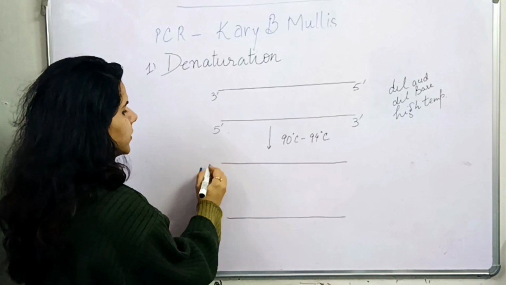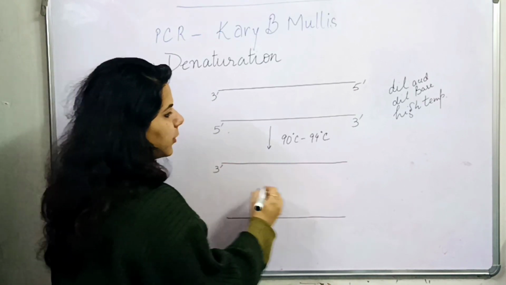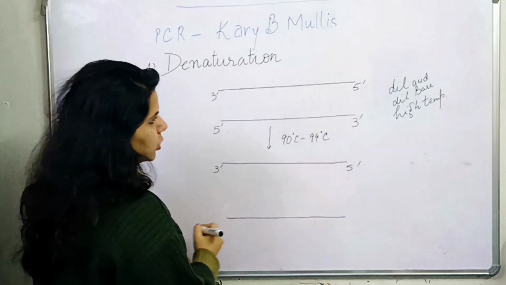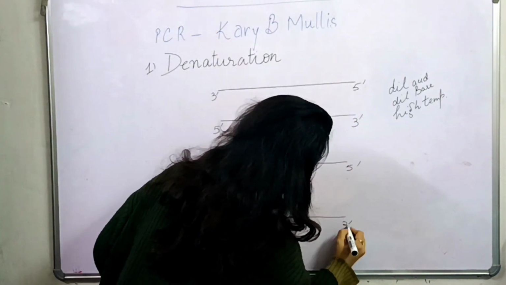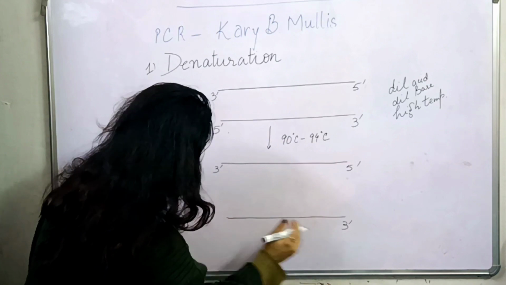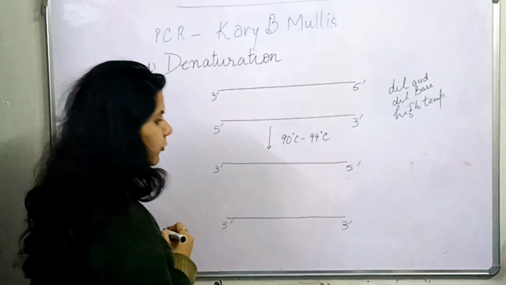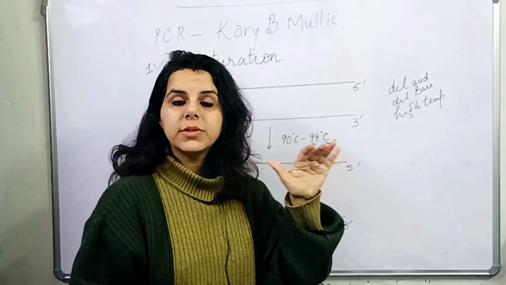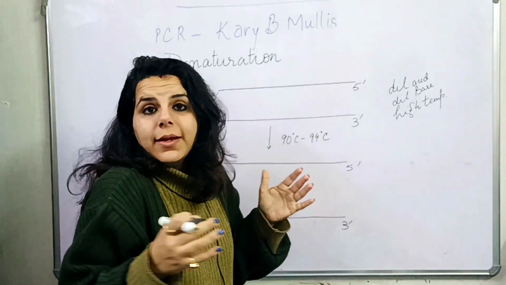Now the first strand again says that this one is the 3' end and this one is the 5' end, and that goes opposite for the second strand. This one is the 3 prime end, and this one is the 5 prime end. So after the denaturation step, what am I left with?